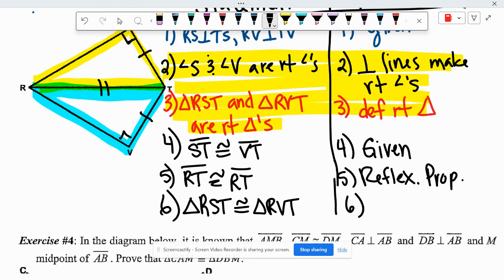Why can we say that? Well, by hypotenuse leg, by HL. Questions on that? Does that make sense, the way that flows?